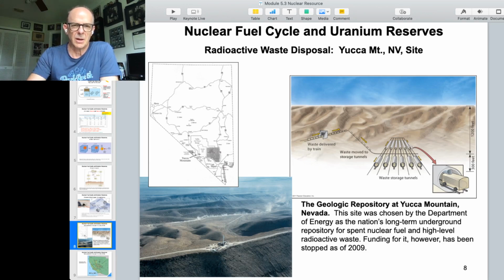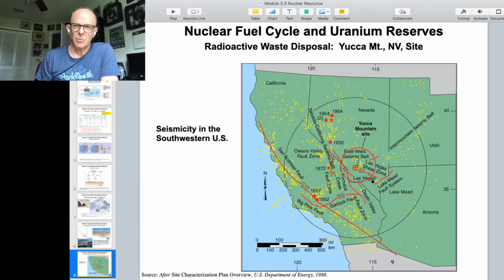It does keep accumulating without a real coherent long-term plan. Yucca Mountain in Nevada was chosen as a repository in the United States, but for various reasons, it was terminated in 2009, so that at the moment we're still just dealing with temporary storage places.